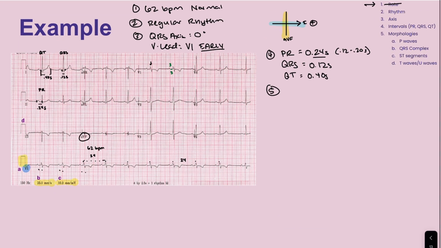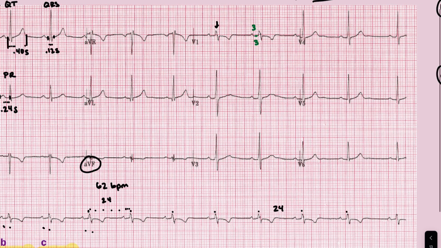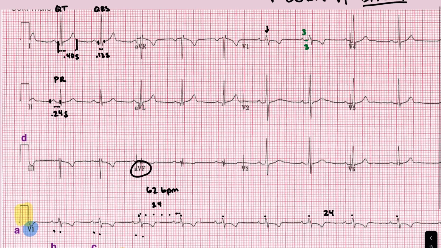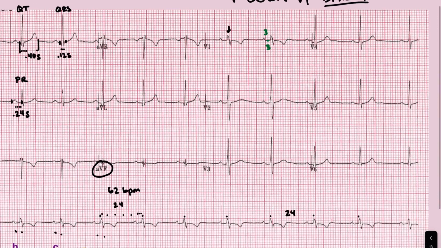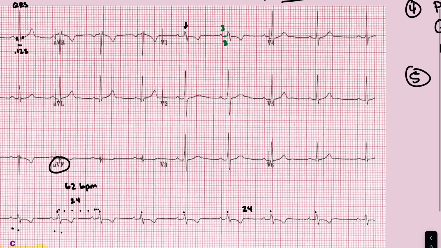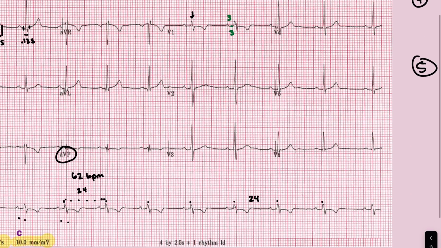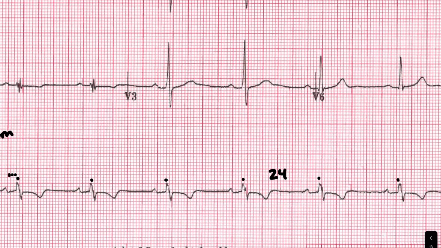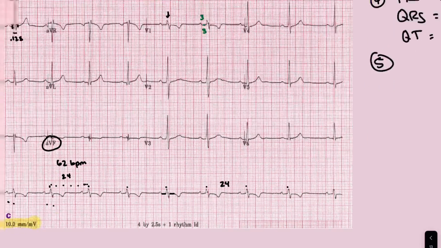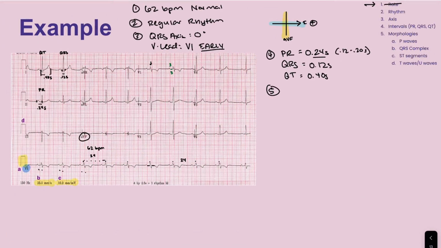If we look at our ST segments, are our ST segments all level or flat? Looking across, starting at lead 1 and going across. Our ST segments overall look okay. We can see how we have an isoelectric line and we stay on the other side, even if it looks a little funky from the distance.